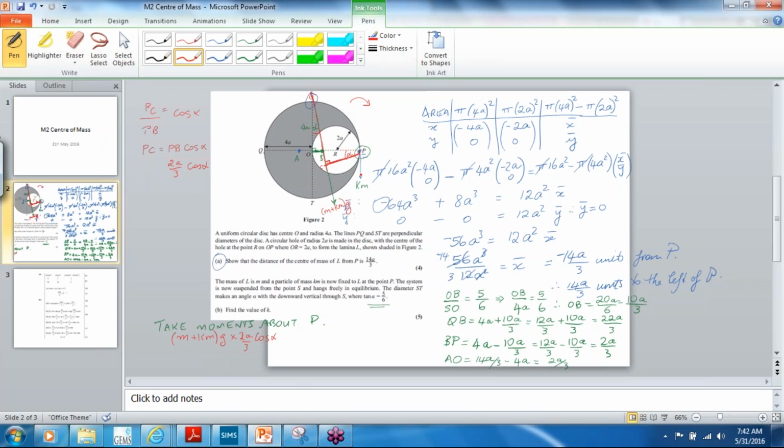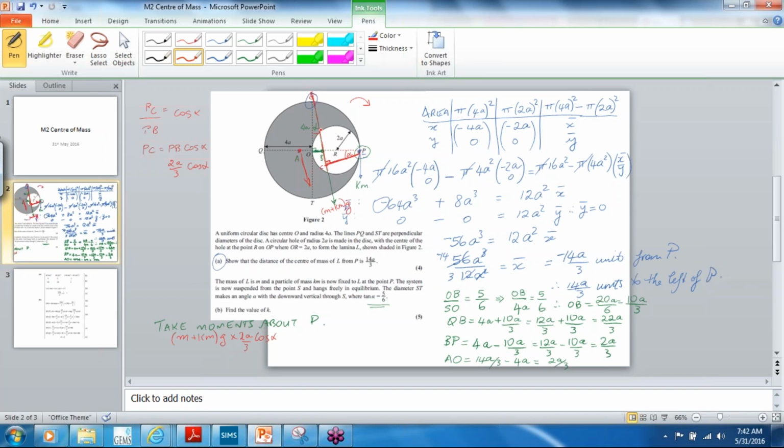There is a force through here at P, but that will be 0. And then we've got this force of our lamina through this point. And because it's parallel, the force down will be acting down.